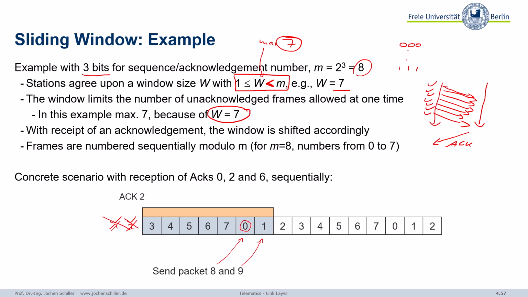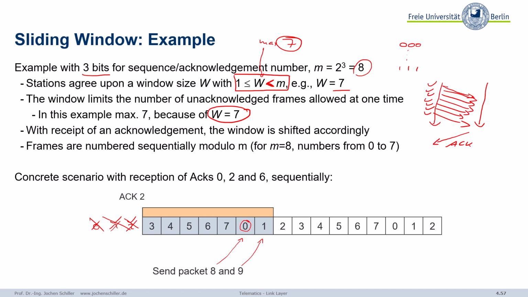No, because we already acknowledged 0 long ago, deleted it from our memory on the sender side, and the receiver acknowledged it and knows, okay, everything is now fine with this 0. So we don't need the sequence number anymore.